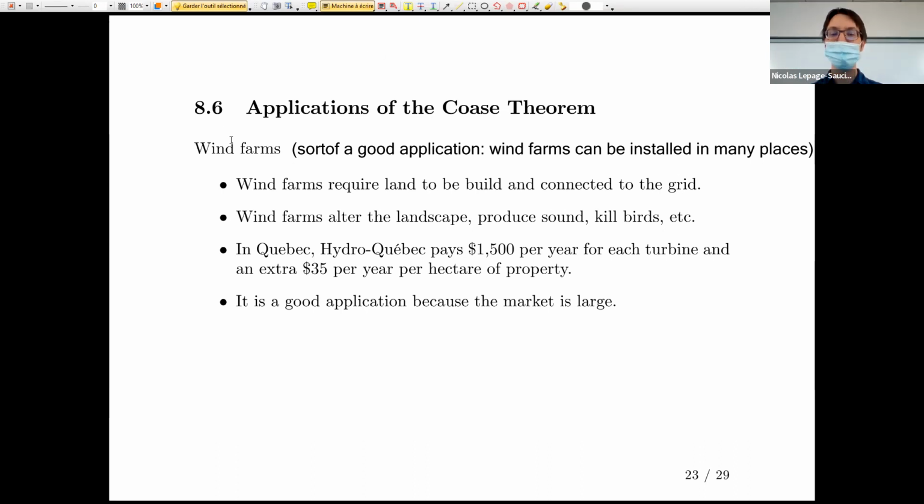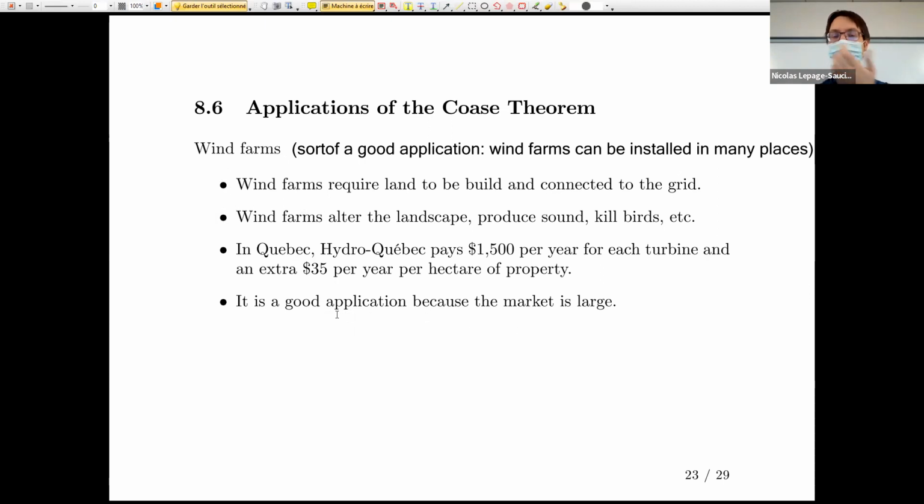So that's a very neat example of Coase theorem. You don't need a tax, you just need some market where at some point people are able to negotiate the price of these nasty externalities. Yeah, so it's a good application because the market is large.